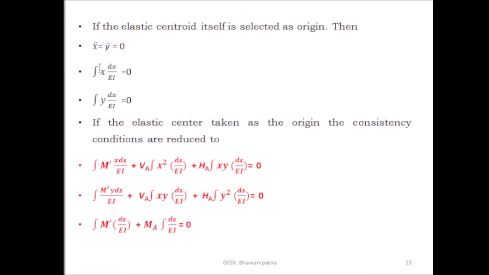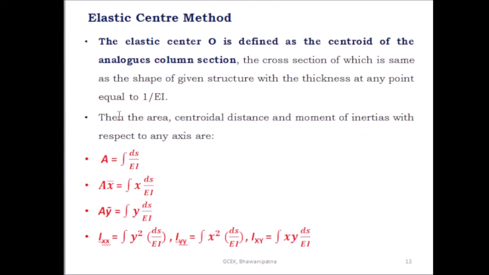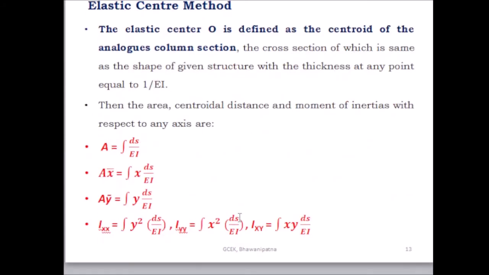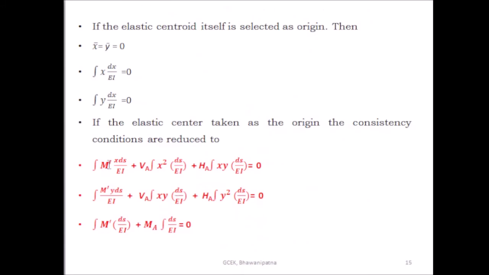After putting integration x ds by EI and integration y ds by EI equal to 0 in these equations, the equations reduce to: integration m dash x ds by EI plus Va integration x square ds by EI plus Ha integration xy ds by EI is equal to 0.